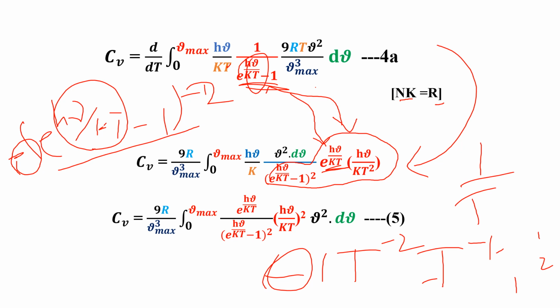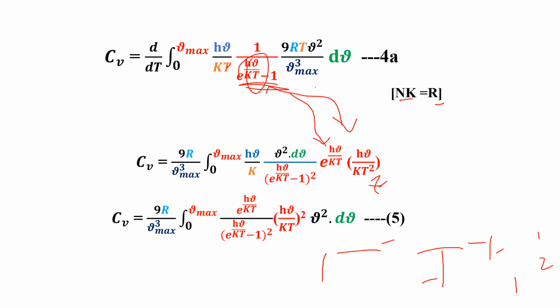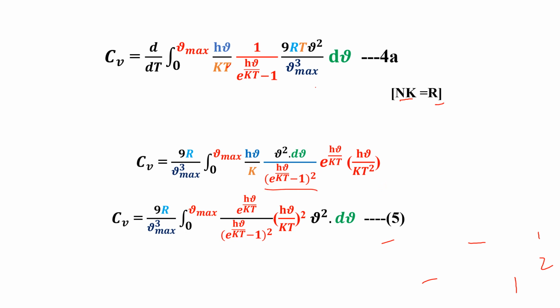In the same way, t power minus 2 in the numerator, when moved to the denominator, is converted into t square. So in the numerator it will be e power h nu by kt, and in the denominator e power h nu by kt minus 1 power 2. Here also h nu by kt square.